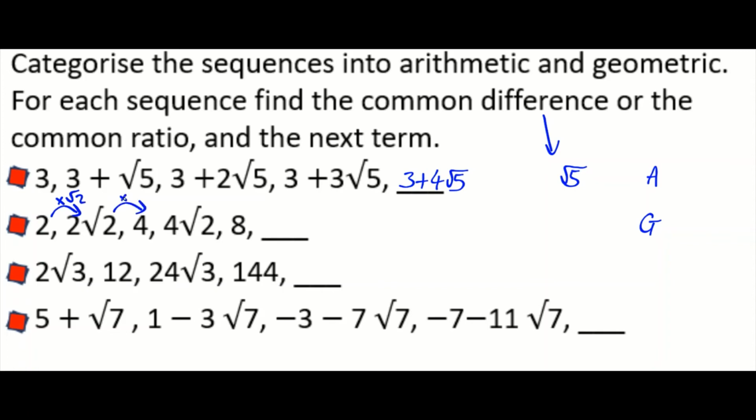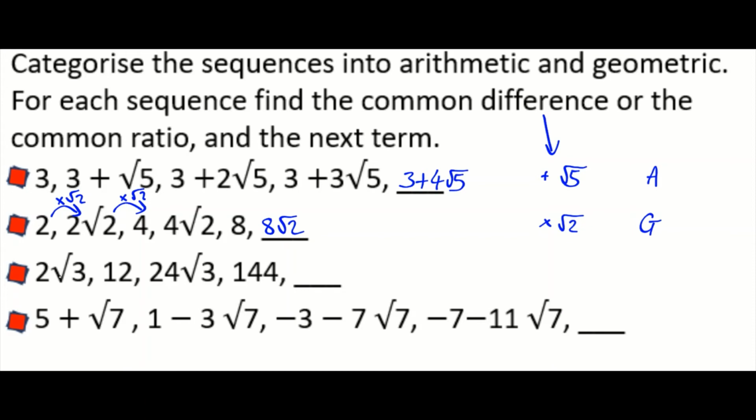Let's just check. If we were to multiply by root 2 again, root 2 times root 2 would make 2, times this 2 would make 4. So it does seem like we're multiplying by root 2 each time. So our next term, if we've got 8, the next term would be 8 root 2.